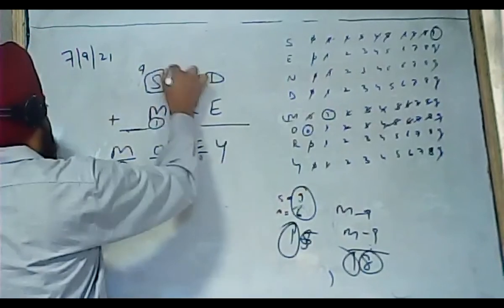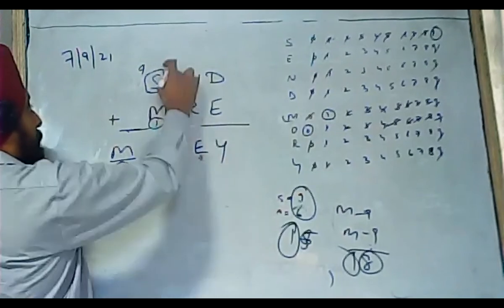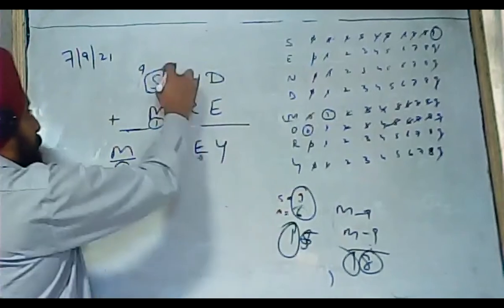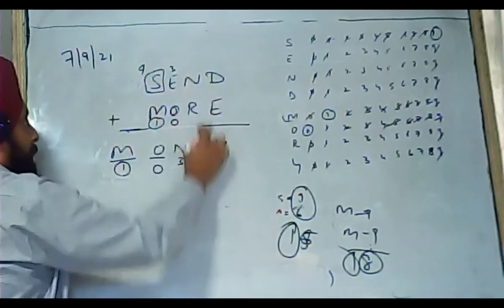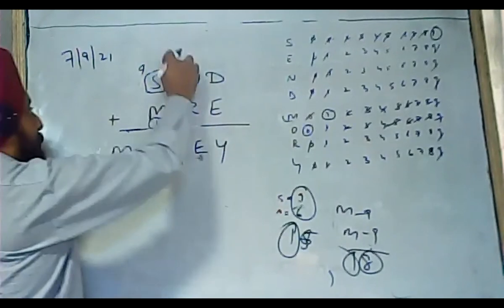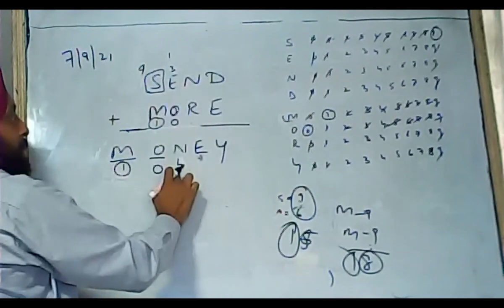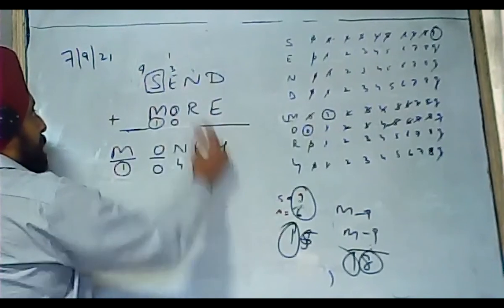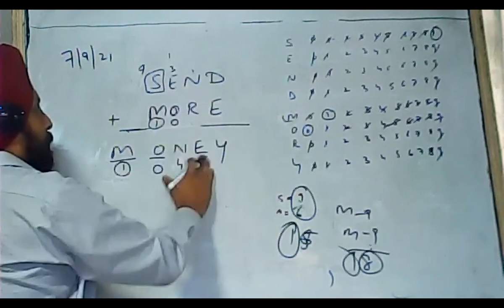Similarly, 3 here, 3 here, because 3 plus 0 is 3. Suppose some carry comes from this side, from N plus R, then 1 plus 3, N will be 4. So you give 4 here and 3 here, but 4 plus something cannot be 3. So this is not right.